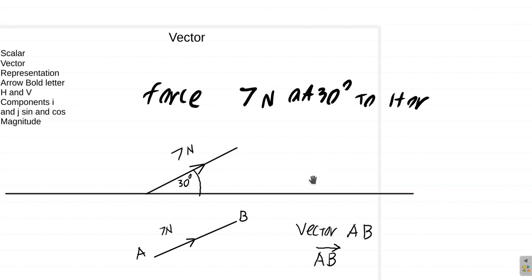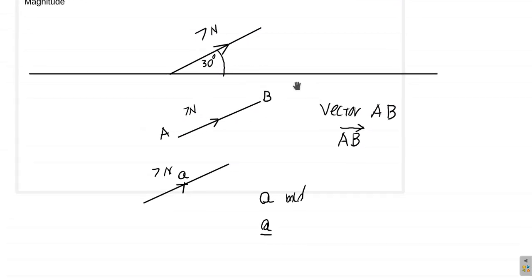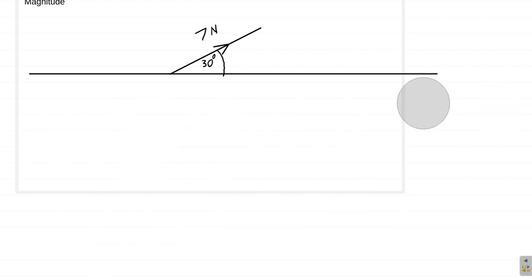You can give the vector a name with two uppercase letters at the ends of the line, and you draw an arrow above the two letters, or you can give it just one letter, a letter in bold. But if you write it, I can't write it in bold different from the other letters, then you just use a little line below it, and that represents the vector. Alright?